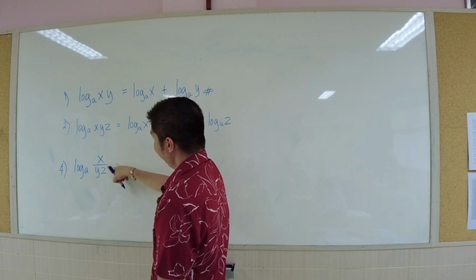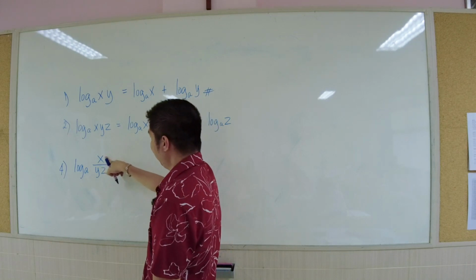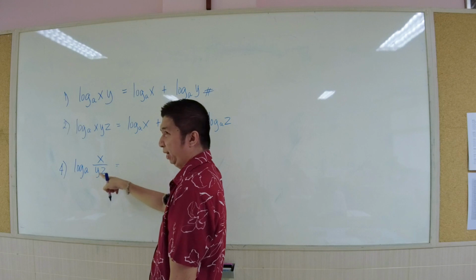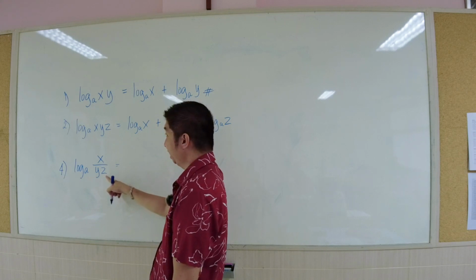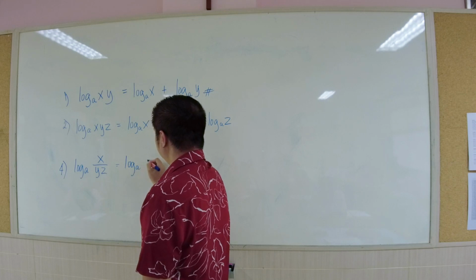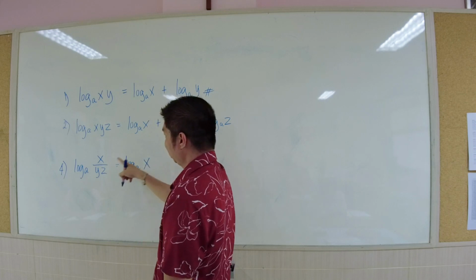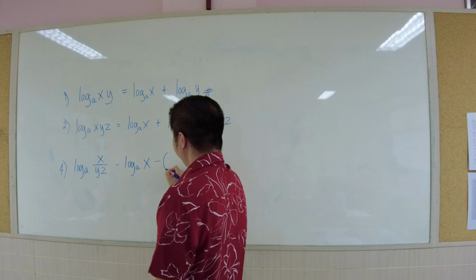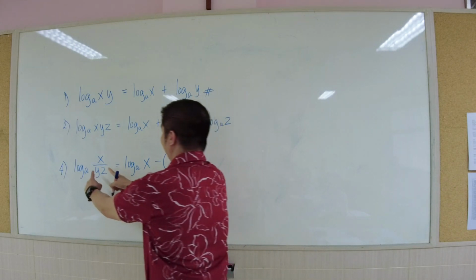So first, let us have the division first, because x is divided by yz. That's how we read it. Logarithm of x minus, then parentheses because they are one set, both of them.